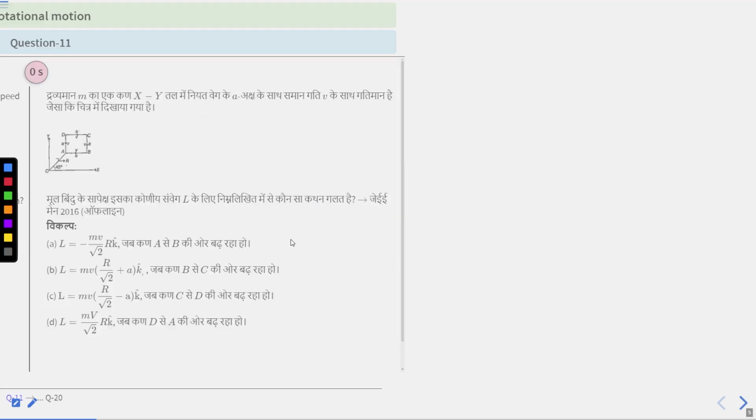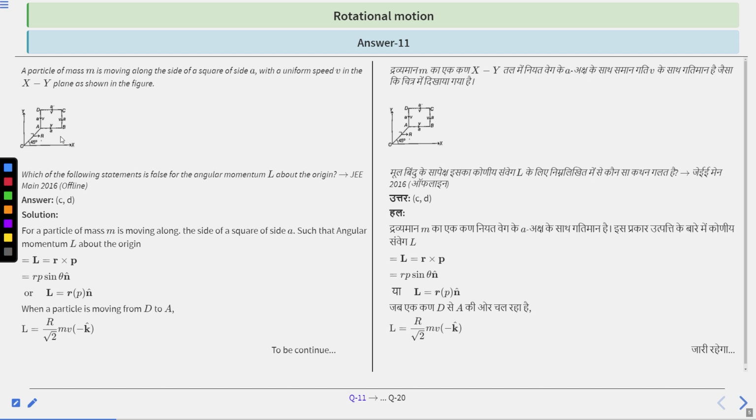Let's find a solution. So this is the figure.